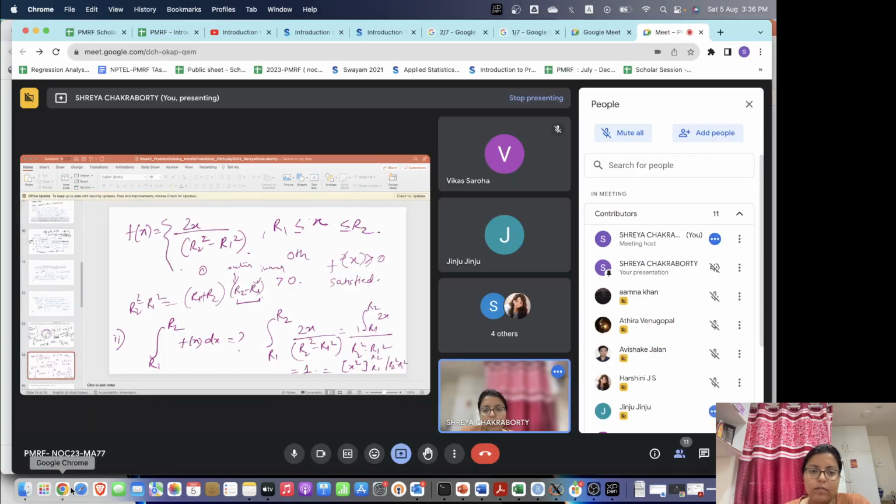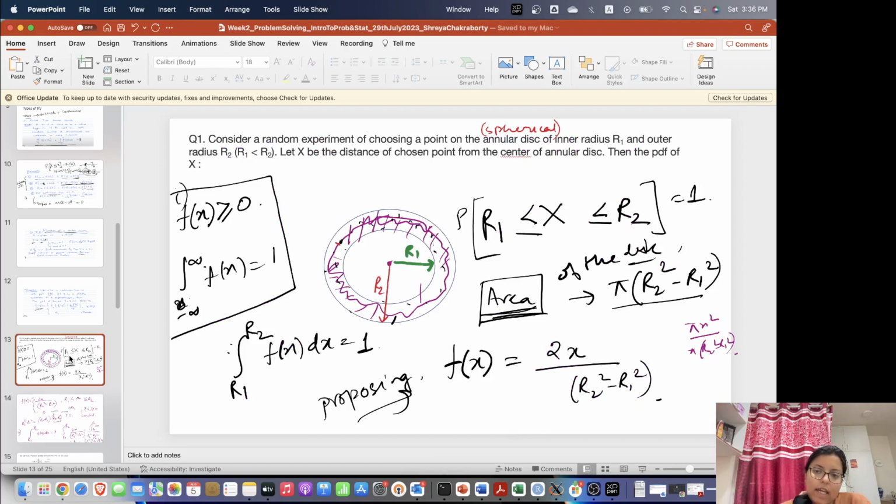Any doubt? Ma'am, how could you write f of x equal to 2x by R2 square minus R1 square? So I thought that if this is the entire area of the disk, then if I have to integrate over these two ranges, I did some sort of back calculation.